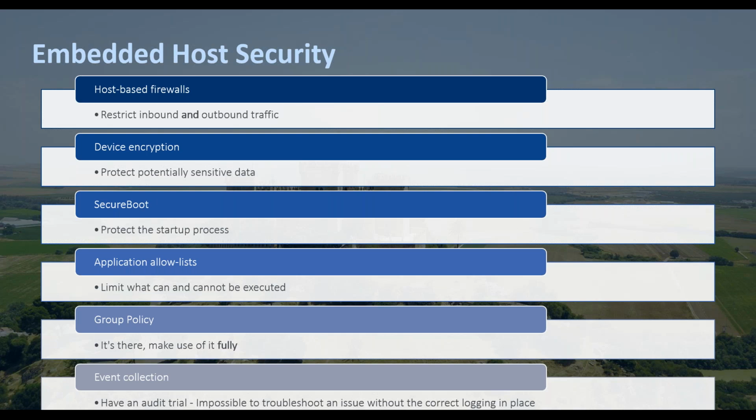Secondly, device encryption. Again, anything from Windows 7 Enterprise and above has the option for device encryption on it. That can add an extra layer to protect any data that may reside on those systems.